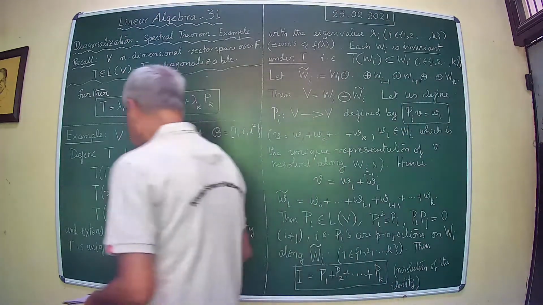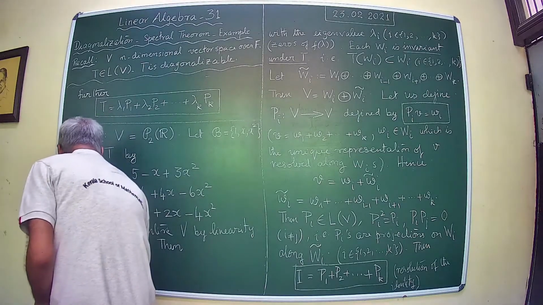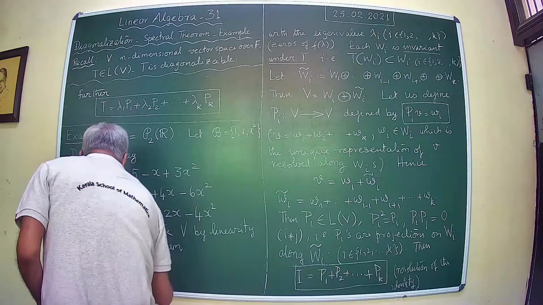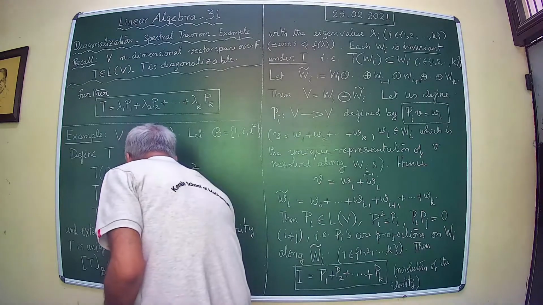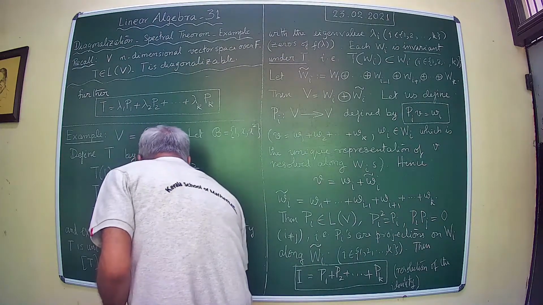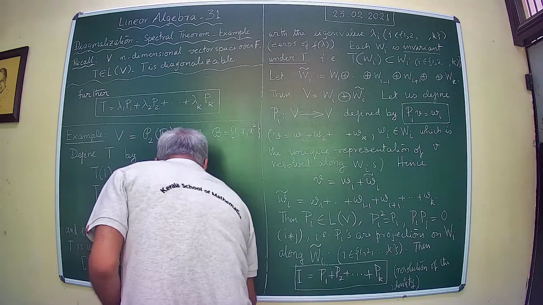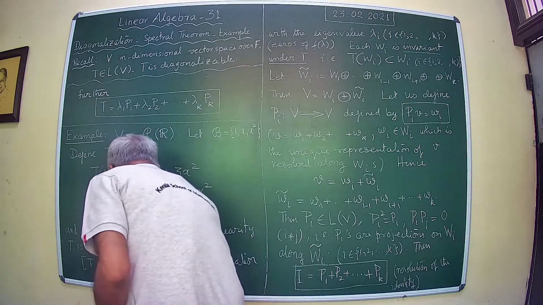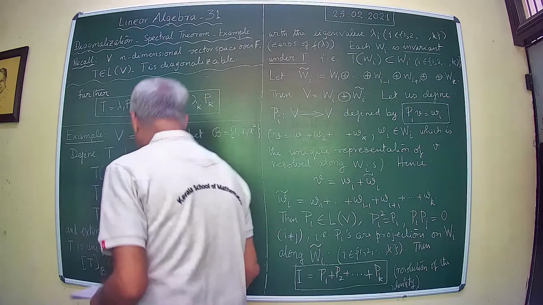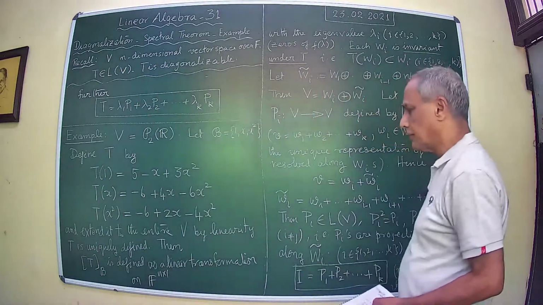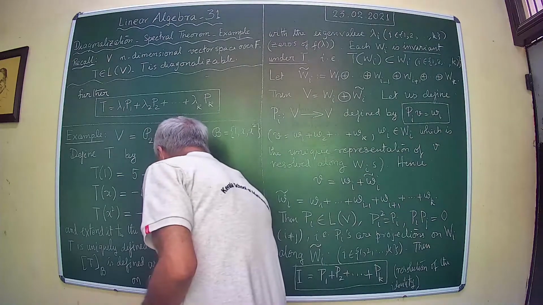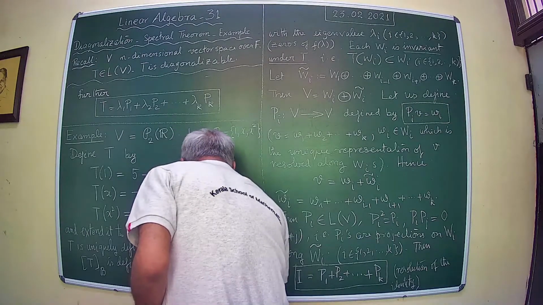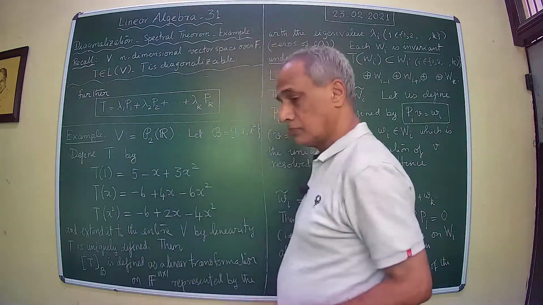Then T_B is defined as a linear transformation on F n cross 1, represented by the matrix.